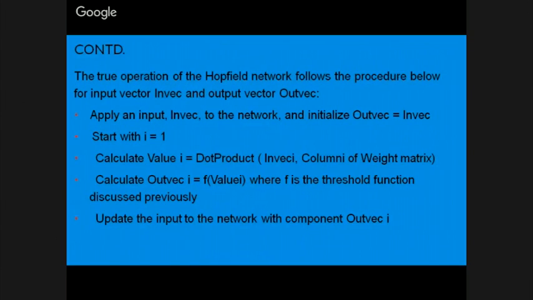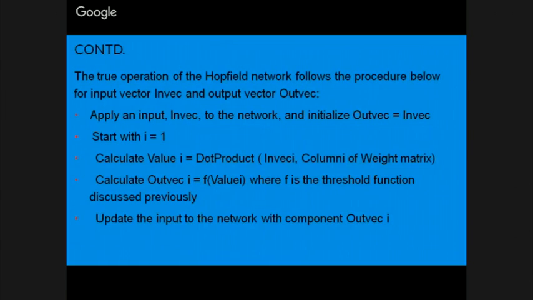When we say it has to be updated in an asynchronous fashion, that means once we apply an input vector, we determine the change in the output of the first neuron. Then that becomes the input vector, and we find out the change in the output of the second neuron.